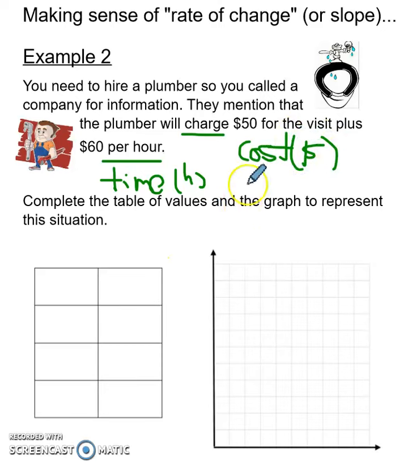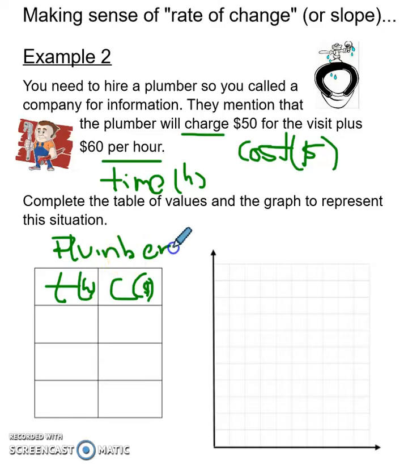Which one depends? The cost depends on your time. So I'm going to start with my time here in hours, and I'm going to have my cost here in dollars. And my title could be plumber. If you start at 0, what's the cost of your plumber?